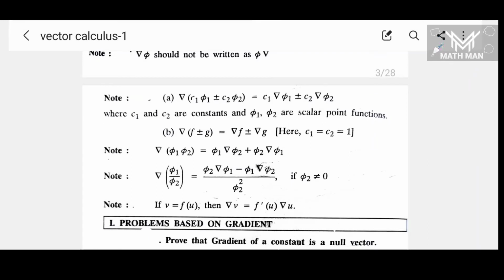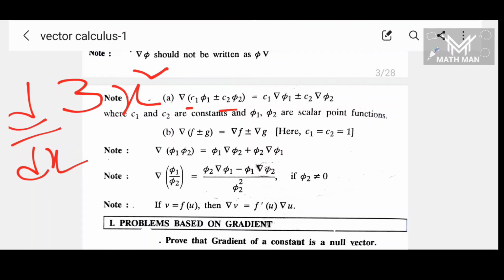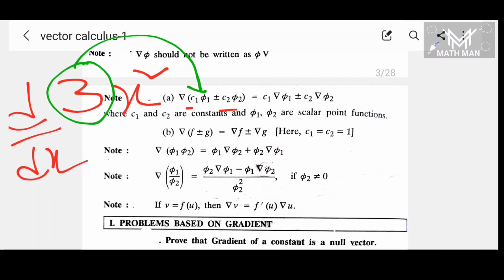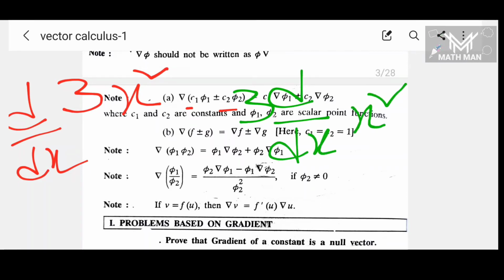Another point we also know: if c1, c2 are constants, for example when differentiating d by dx of 3x square, let us assume 3 is c1, and we write 3 d by dx of x square.